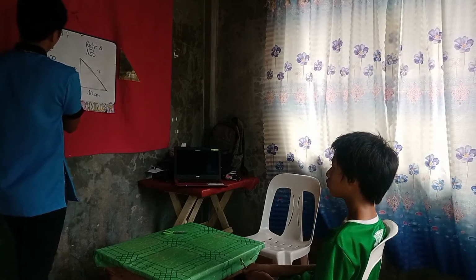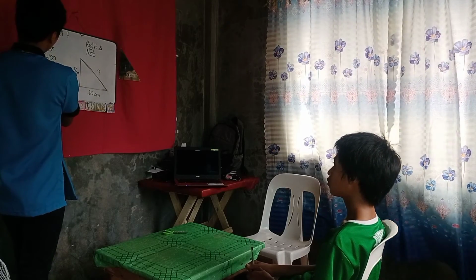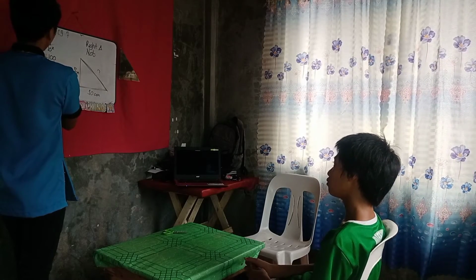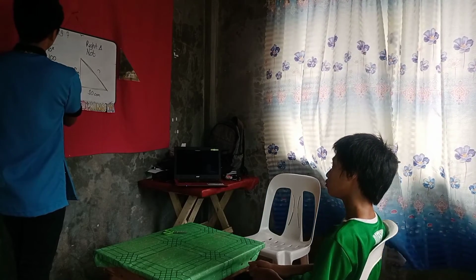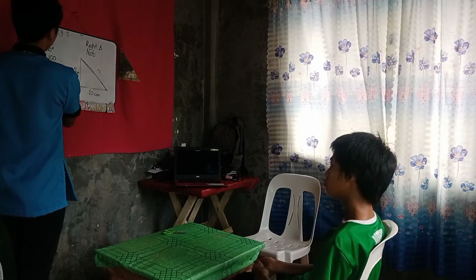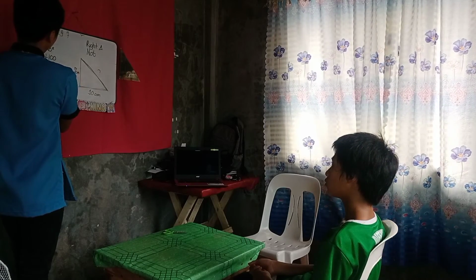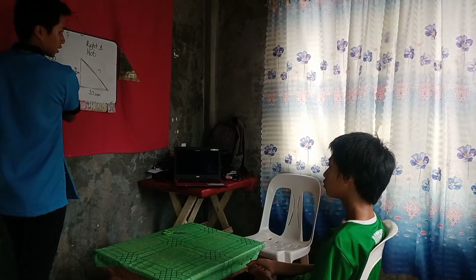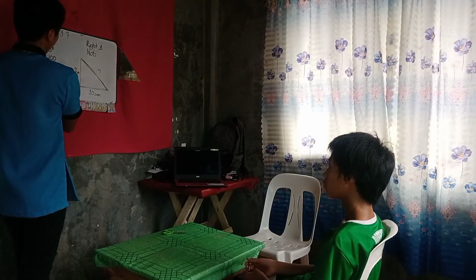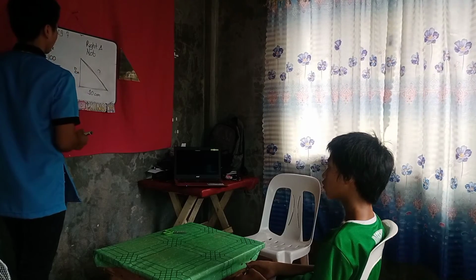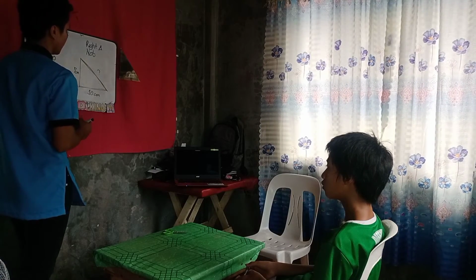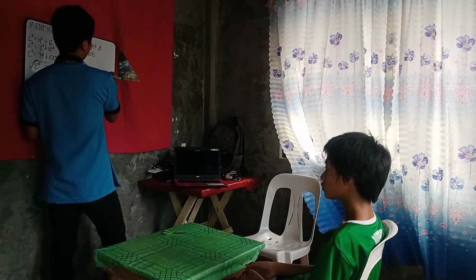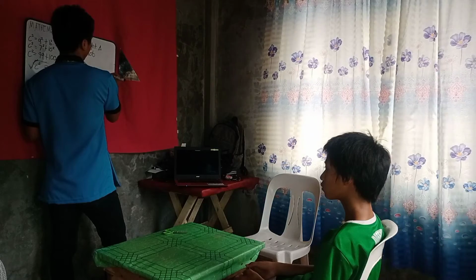To get rid of the square of the variable C, we take the square root of both sides. We get C, and since 149 is not a perfect square, we can just write it as square root of 149. So the missing value of our right triangle is square root of 149.